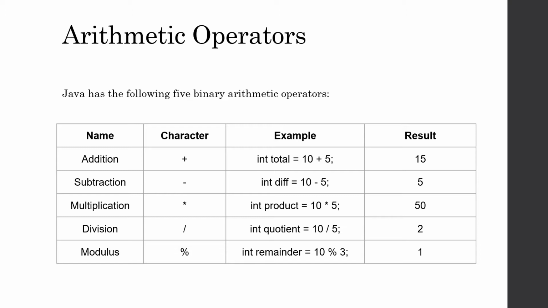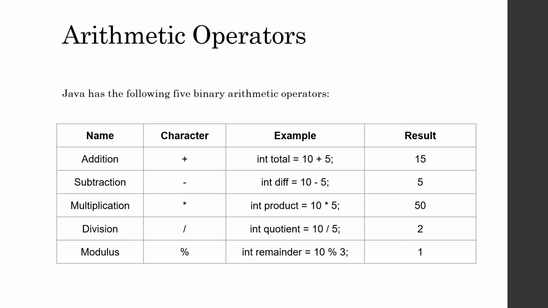So in addition to these 4 math operators, there's also going to be a 5th operator that you might be less familiar with, which is the modulus or modulo operator. So the way that this one's going to work, we've got an example here where we're saying int remainder is equal to 10, we'll say 10 mod 3. So anytime you see that percent symbol, that's going to be shorthanded to just mod.